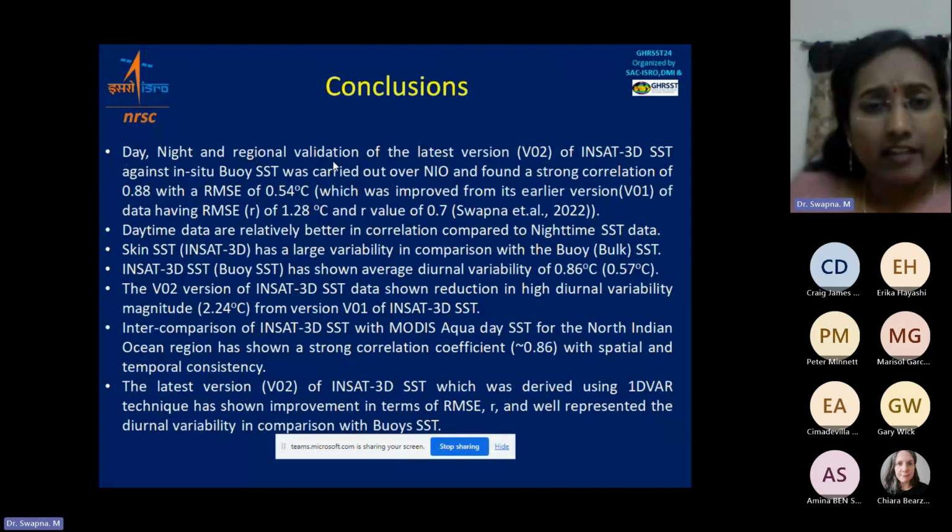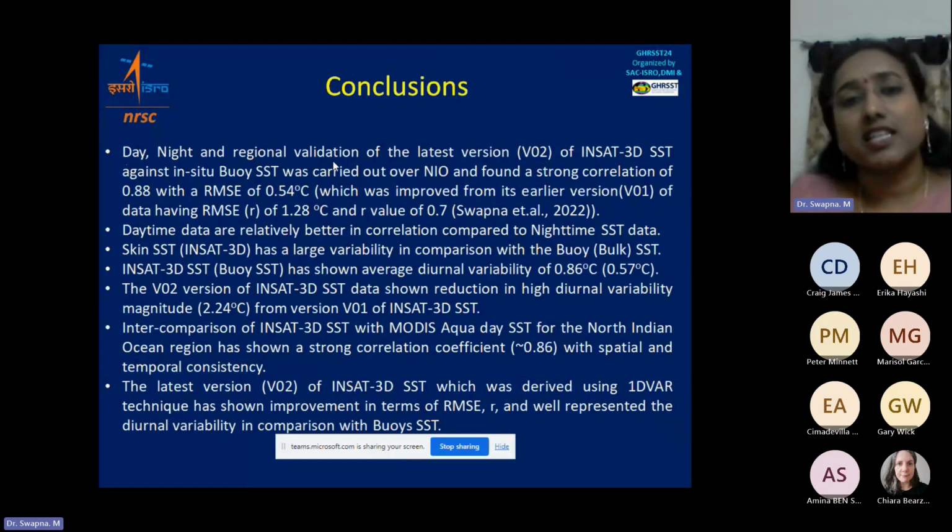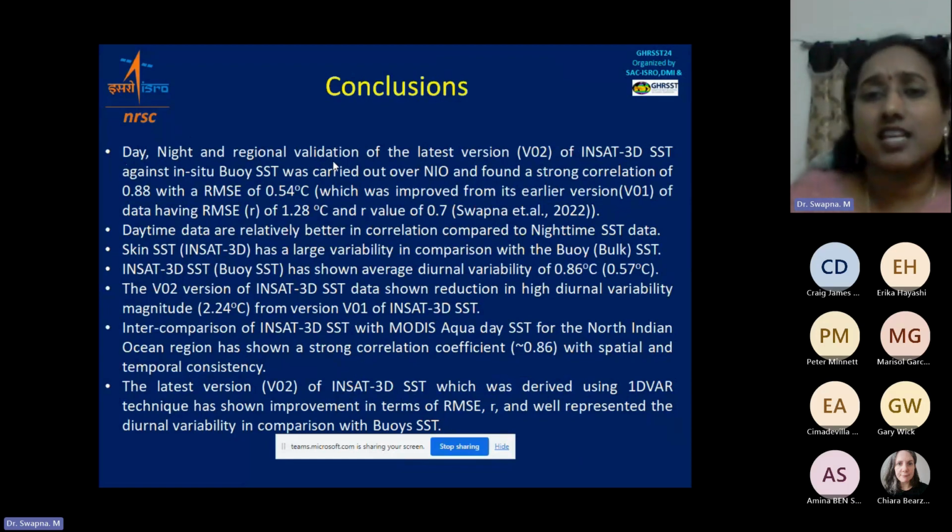As I told, for the previous version of INSAT-3D SST, I could see an RMSE of 1.28 and correlation coefficient of 0.7. The detailed results were published in Swapna et al. 2022. From an RMSE of 1.28 to 0.54, and from a correlation coefficient of 0.7 to 0.88, it has improved a lot in terms of the statistical parameters.